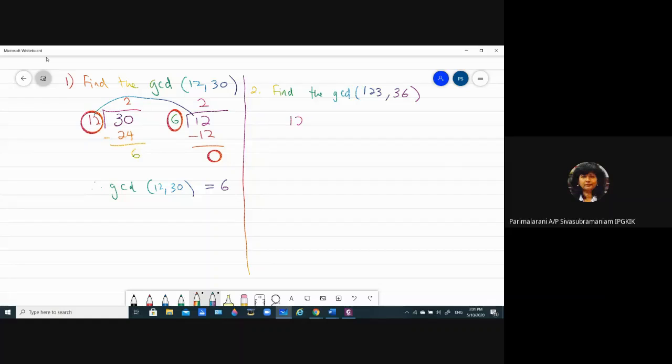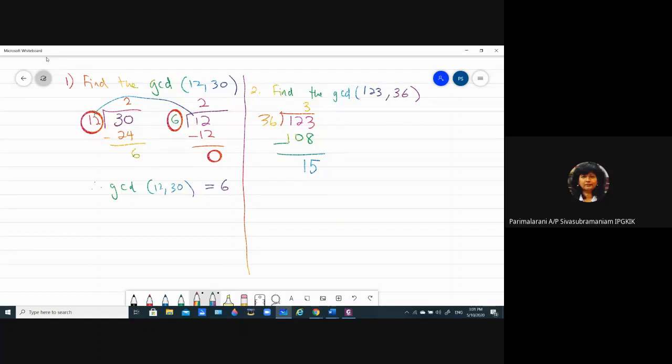So 123 divided by 36. How many times does 36 go into 123? 3. 36 times 3 is 108. So do we have a remainder here? Remainder is 15, correct? Yes.